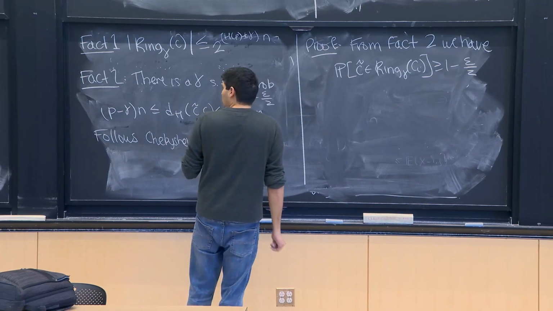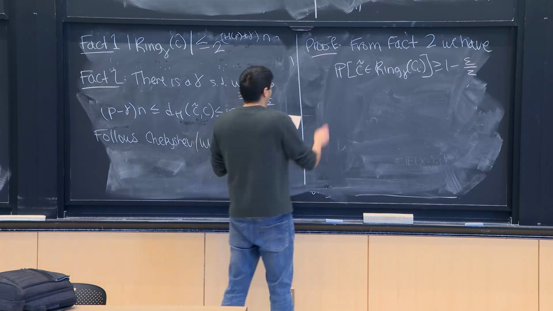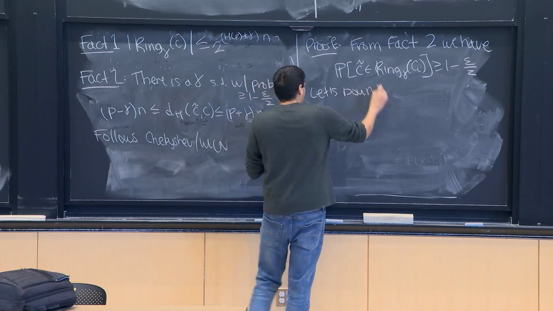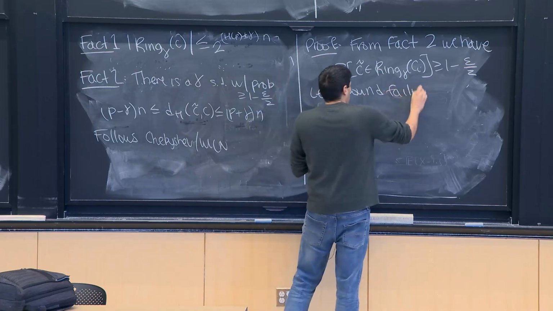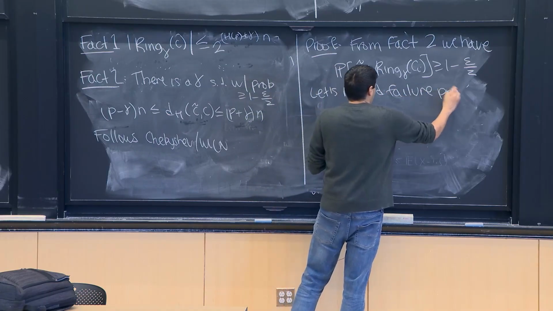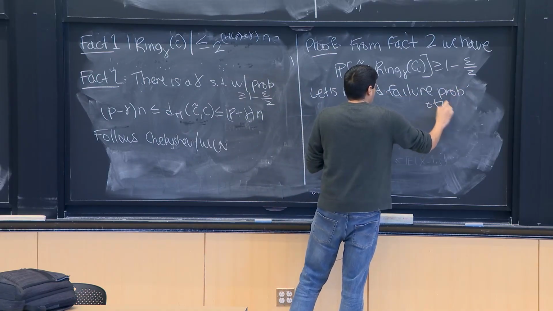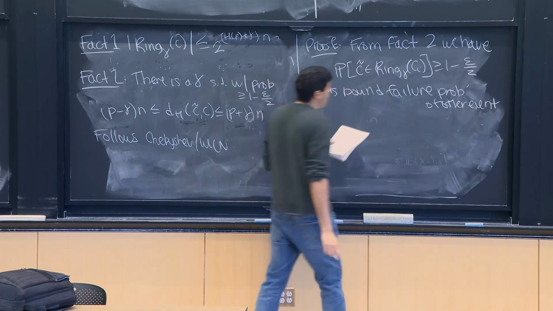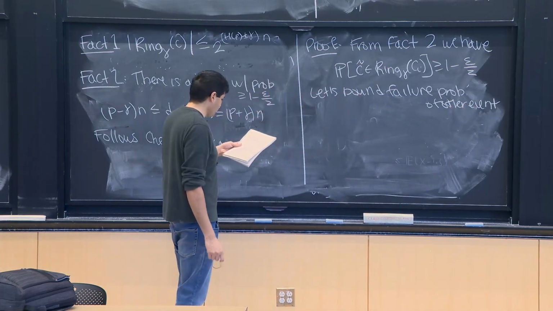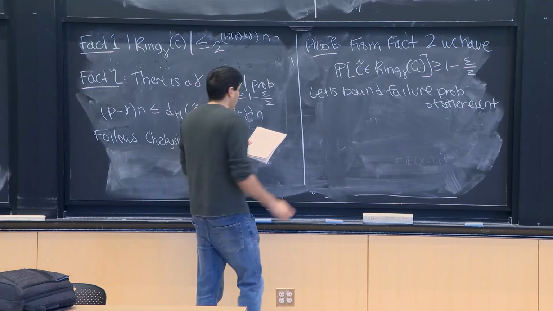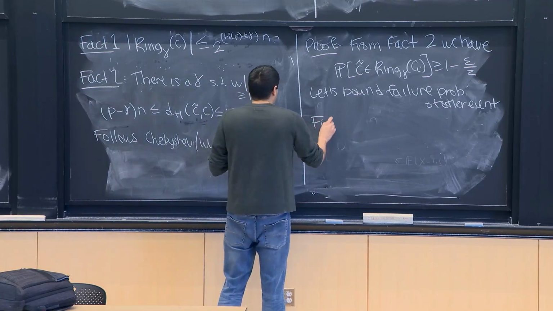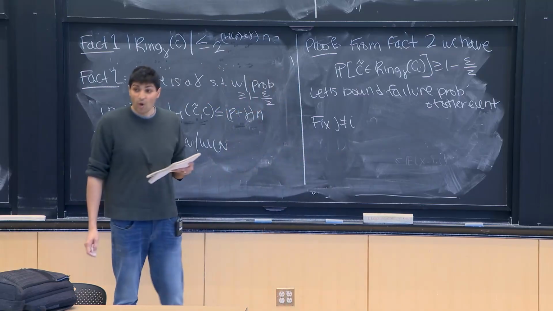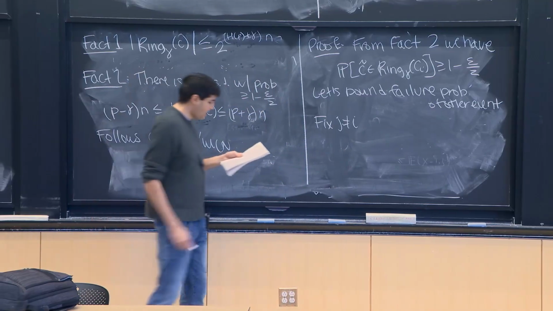And now what we can do is bound the other probability. So let's bound the failure probability of the other event, namely that C tilde belongs to some other guy's ring. And so we can fix j not equal to i, so one of the other code words in our code book.